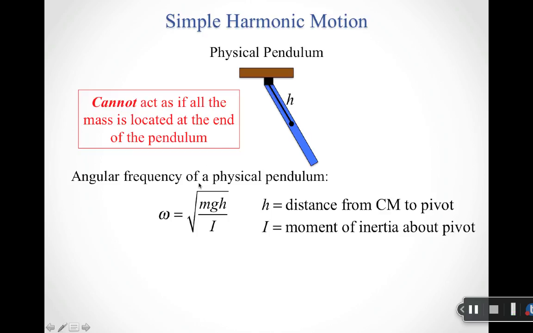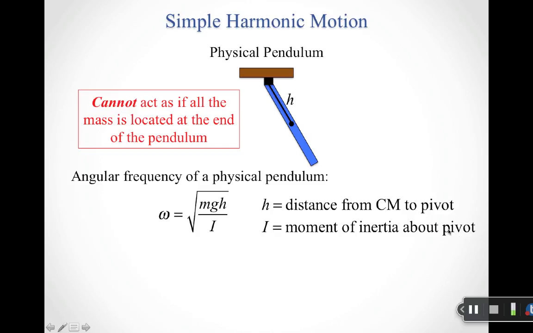So in this case, when I solve my rotational version of Newton's second law to figure out what omega is, I get that omega is equal to the square root of mgh over I. Again, m and g are mass and gravitational acceleration. But the h here is our distance from the center of mass to the pivot, just like what we saw in the parallel axis theorem.